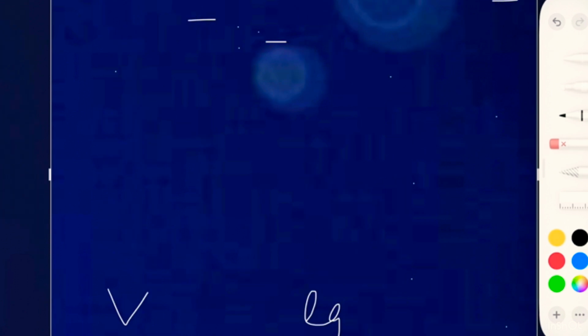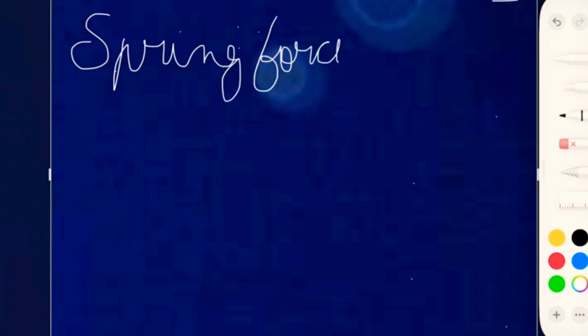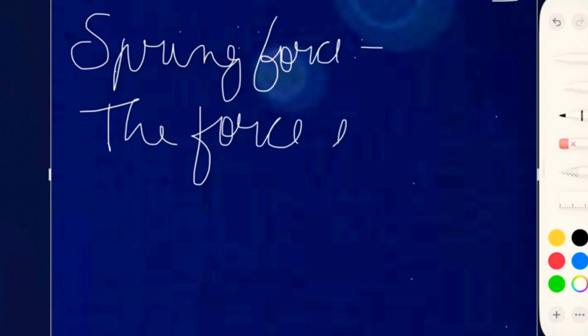Then we are going to see the spring force. Not only did we study the tension force, now the spring force. The force exerted by a spring may be represented as, sorry, it's not excreted, it's exerted, like a biology student, right?